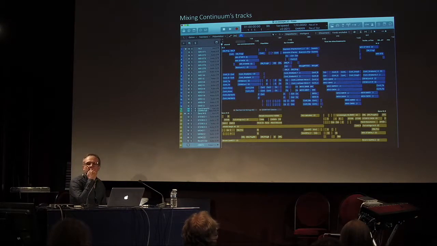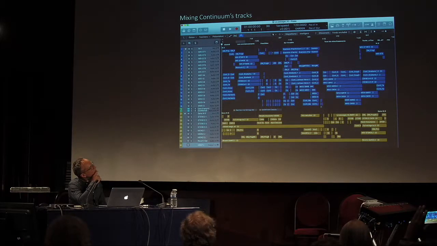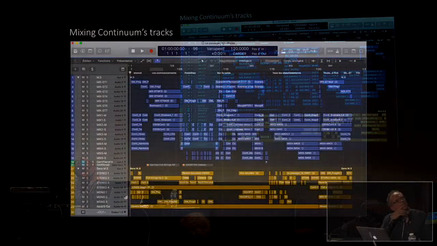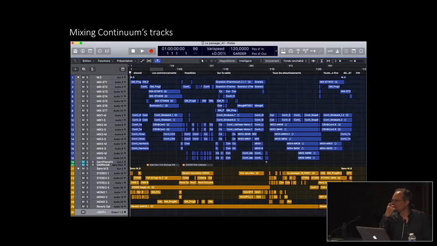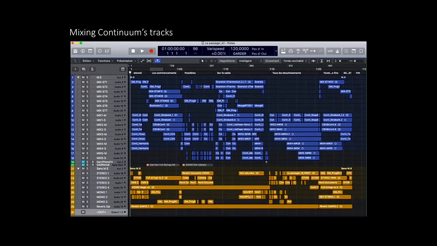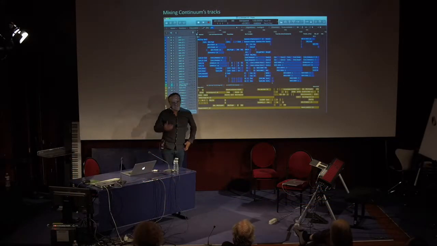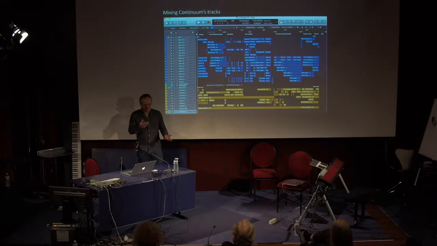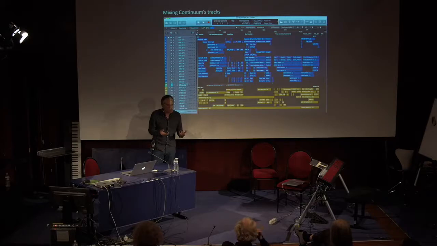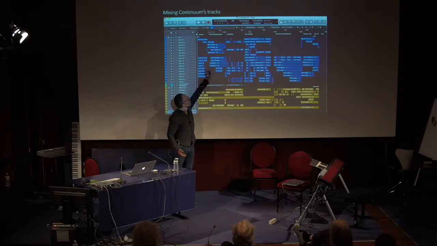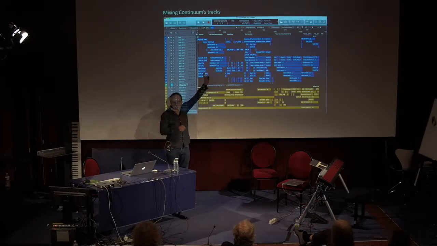One important thing I found when I was working with the Continuum on my piece is that it was very important to give the name, because after a while I was forgetting the name of the preset I used, and sometimes I said, no, it's not good, I want to do it again.